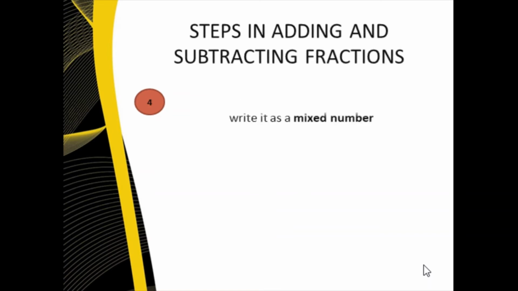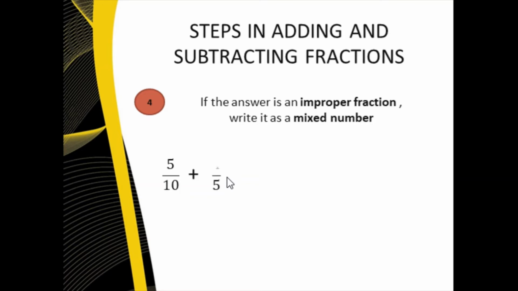Third step. If the answer is an improper fraction, write it as a mixed number. It should be that the answer must always be in its lowest form. So we copy again 5/10 plus 4/5. Denominator is 10.